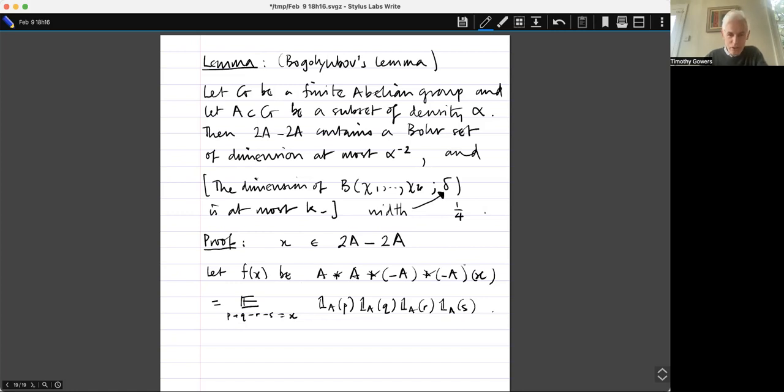So this is counting the number of ways of writing x as p plus q minus r minus s, where p, q, r, and s all belong to a. When I say counting, there is a normalizing factor because we're taking this average. If I took the sum, it would be counting exactly this thing, but in fact it's taking the size of G to the minus 3 times the sum. But that doesn't matter, because all we care about is that x belongs to 2a minus 2a if and only if f of x is non-zero.